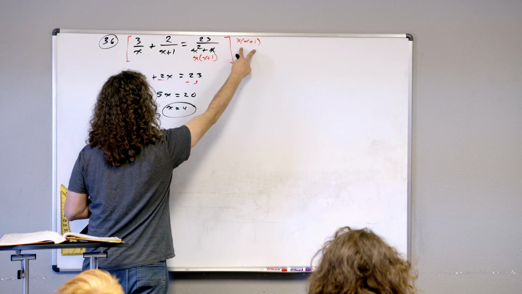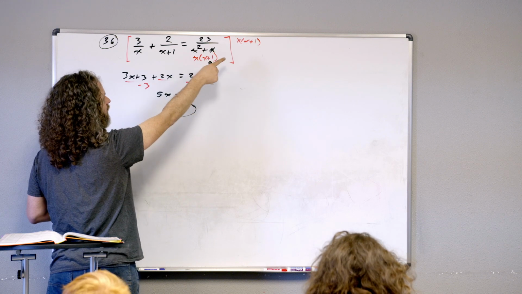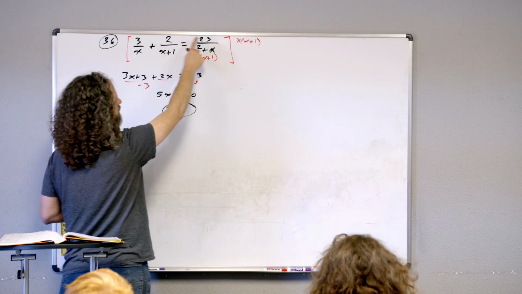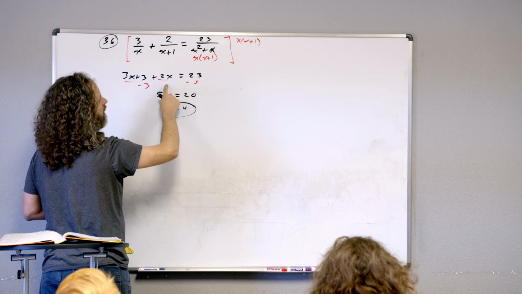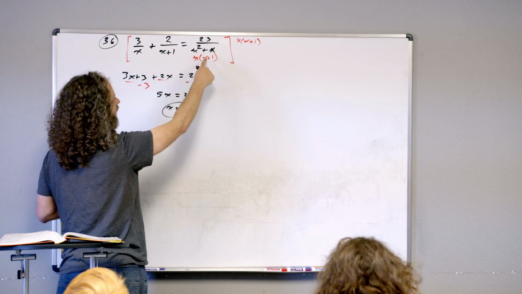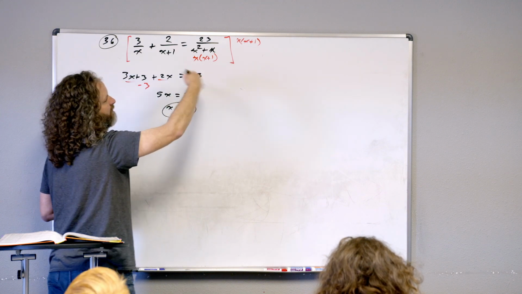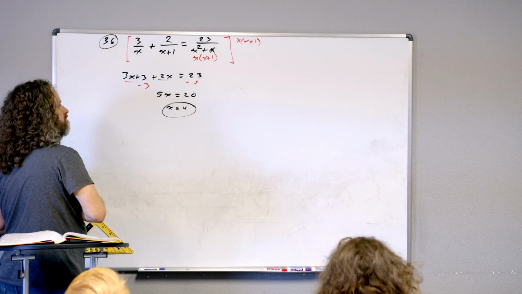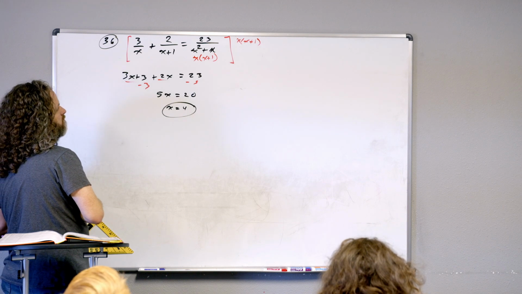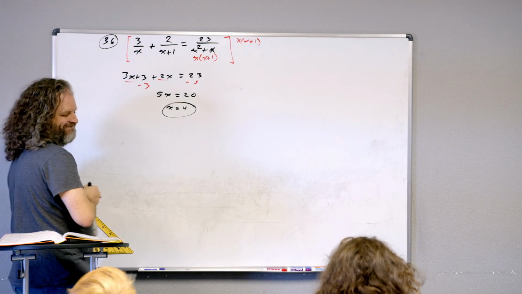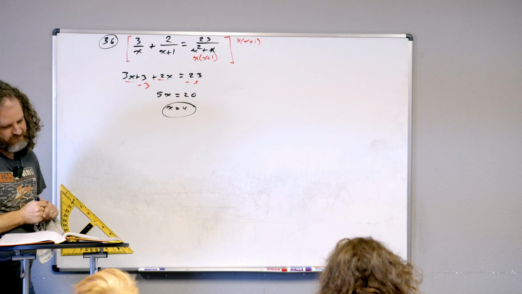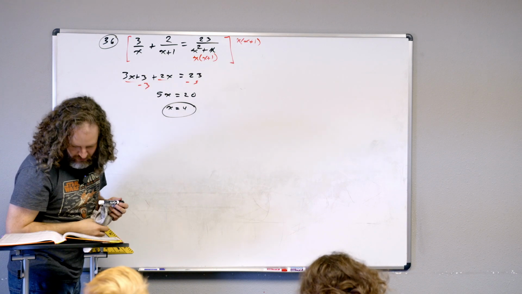When we distribute it onto this one, the x plus 1 cancels out, so it's just 2 times x. And on this last one, everything cancels out, so it's just 23 times 1. Easy money. Now let's look at 21.